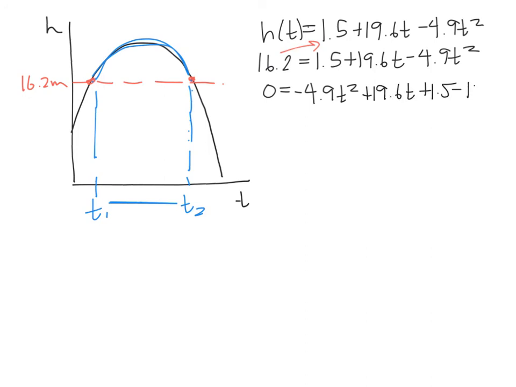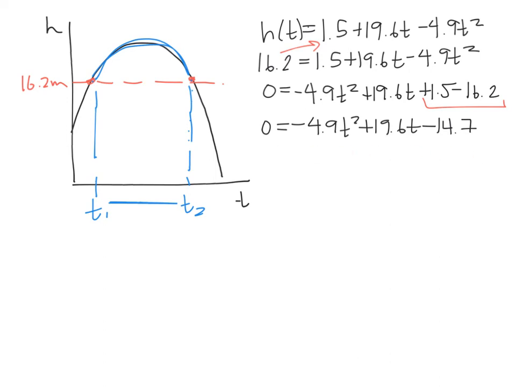And let's take away that 16.2 that we brought to this side. When we simplify these outside terms over here, we have negative 4.9 t squared plus 19.6 t. Then we have minus 14.7. So now all we have to do is solve this equation.